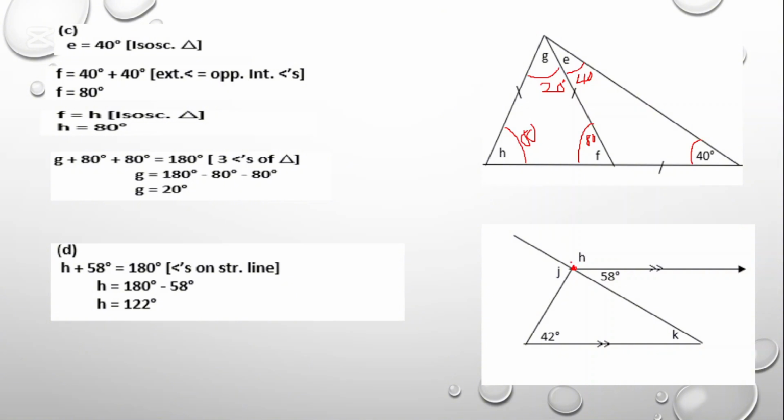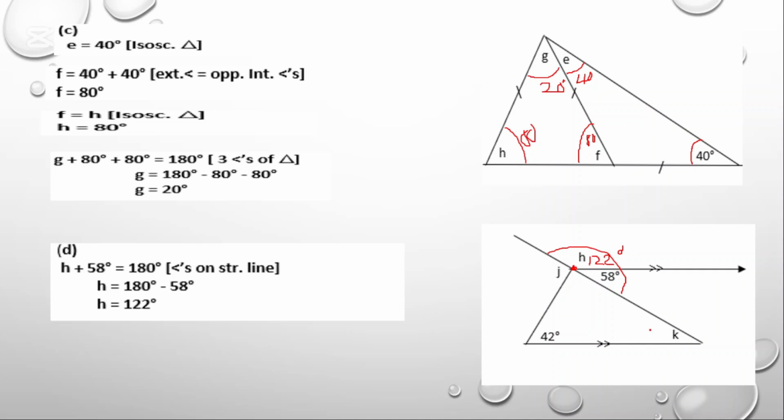So H and 58 are adjacent, on a straight line, and they equal 180. So we start: H plus 58 is 180, angles on a straight line. H is 180 minus 58, and H is equal to 122 degrees. Right, we have that one.